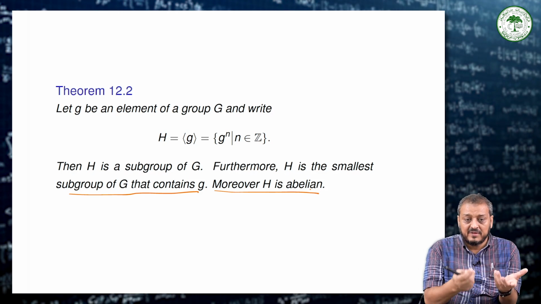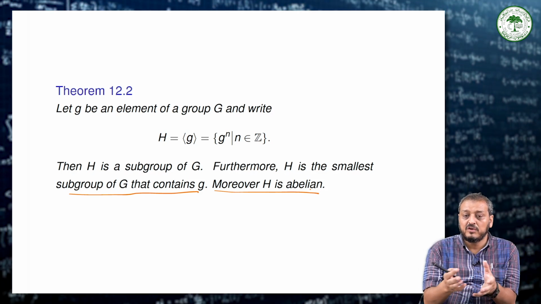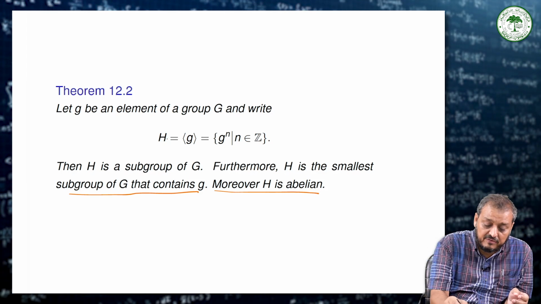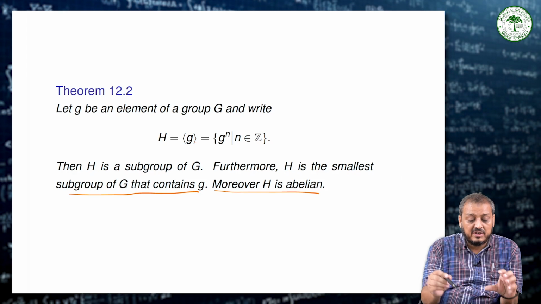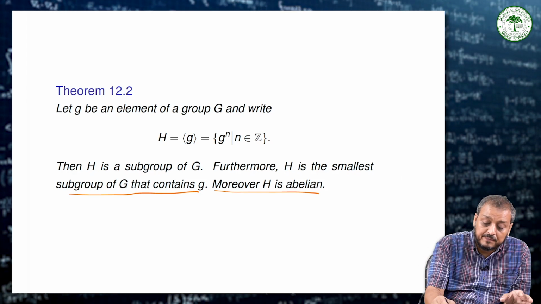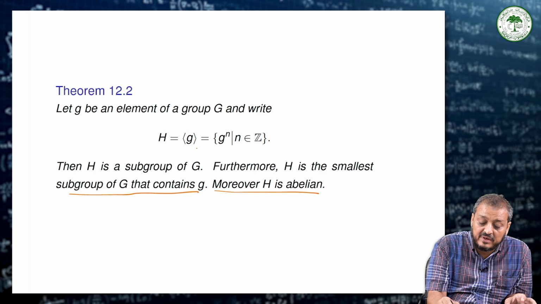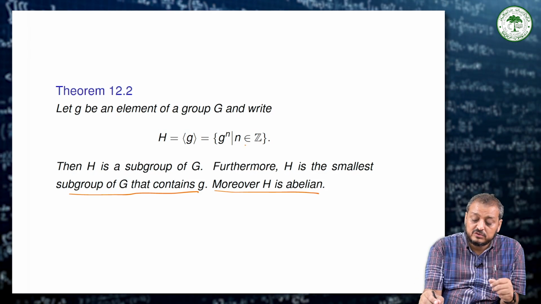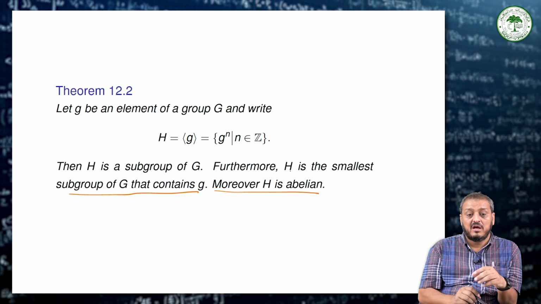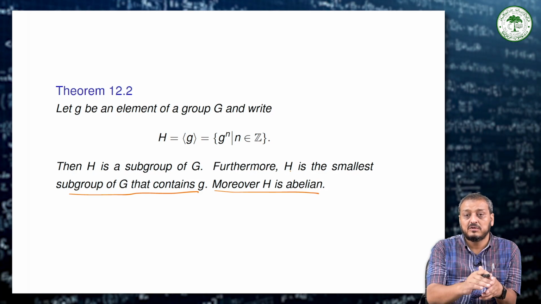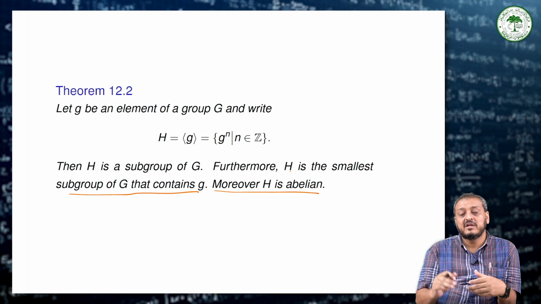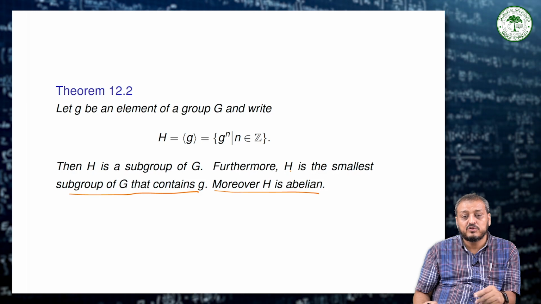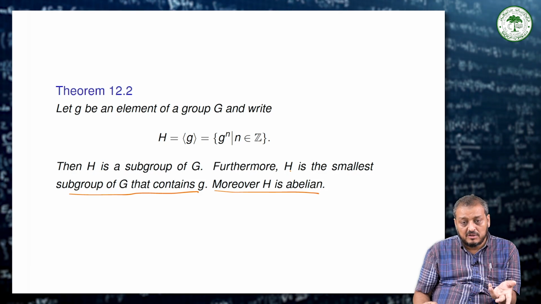So if H is the subgroup generated by g, then H is a subgroup of G, it is the smallest subgroup of G that contains g, and finally H is abelian. First we show that H is a subgroup.